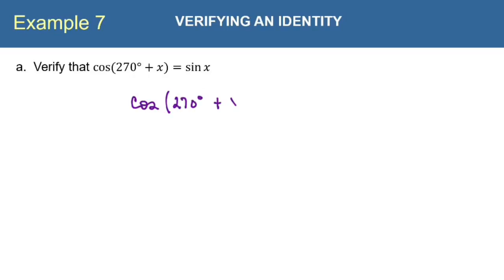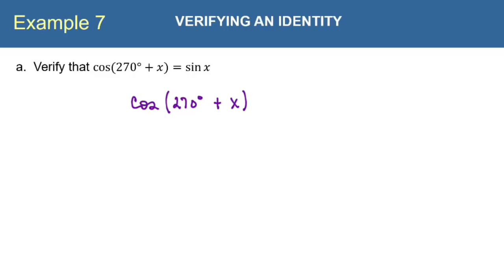So we'll start with our cosine of 270 degrees plus x. This clearly looks like we could apply our cosine of a plus b identity with the 270 degrees in the a position and the x in the b position. So let's do that.